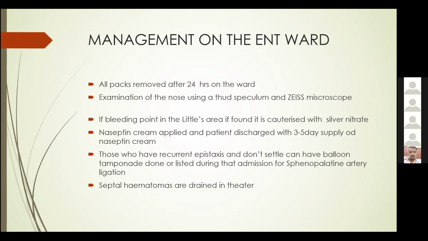If a bleeding point is found, you cauterize with silver nitrate and discharge the patient home with Naseptin cream, a three- to five-day supply that they apply twice or three times a day.